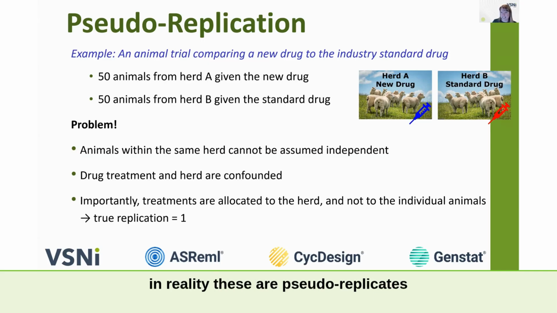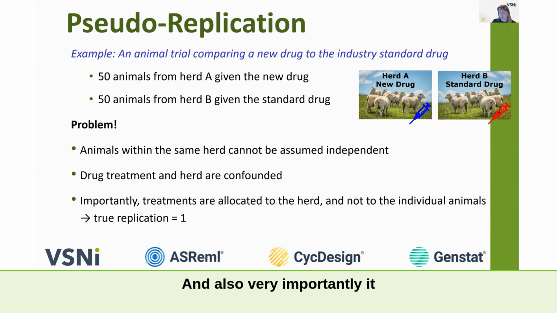Unfortunately, in reality, these are pseudo-replicates because the animals within each herd can't be assumed to be independent. Indeed, we would expect animals in the same herd to be more alike than animals in a different herd due to things like environmental factors, genetics, and herd management.